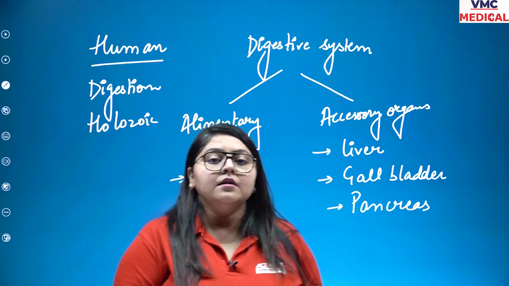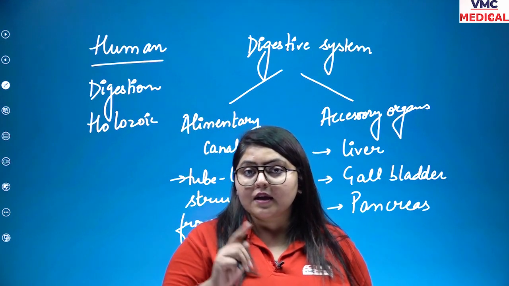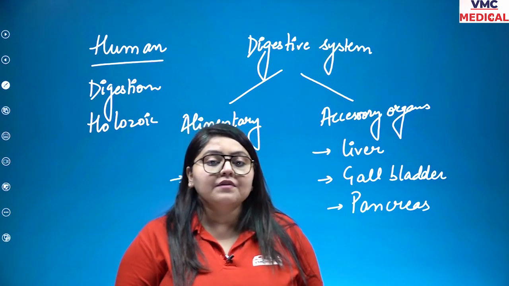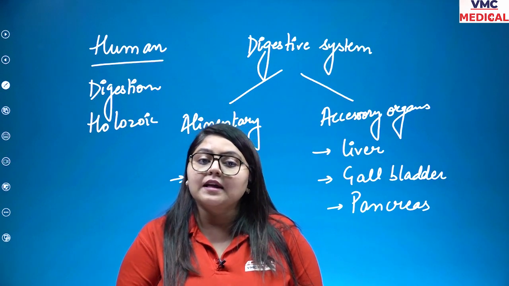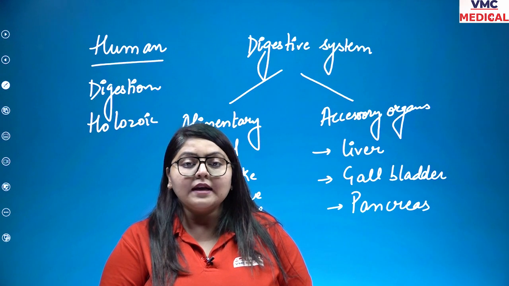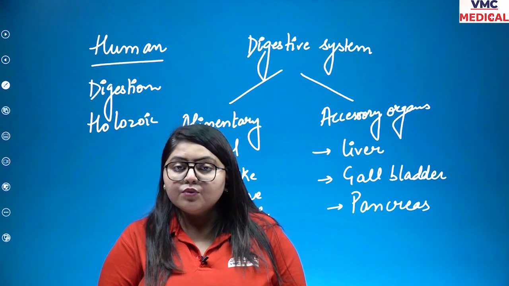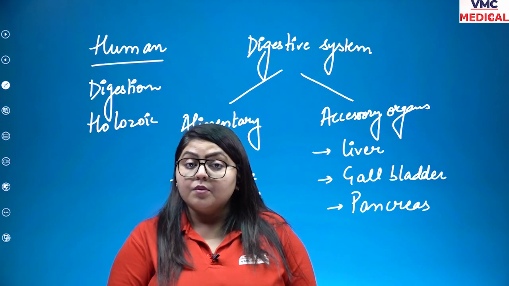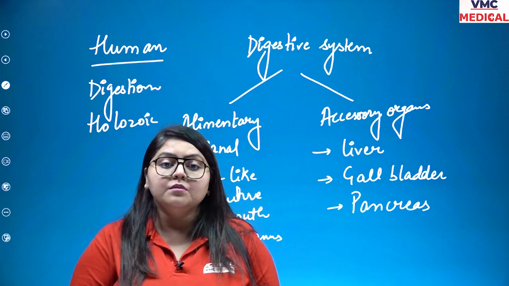If you remember, the bolus is having the salivary amylase, right? So this whole food is also containing what? Your carbs, your proteins and your fats, your vitamins and your minerals.